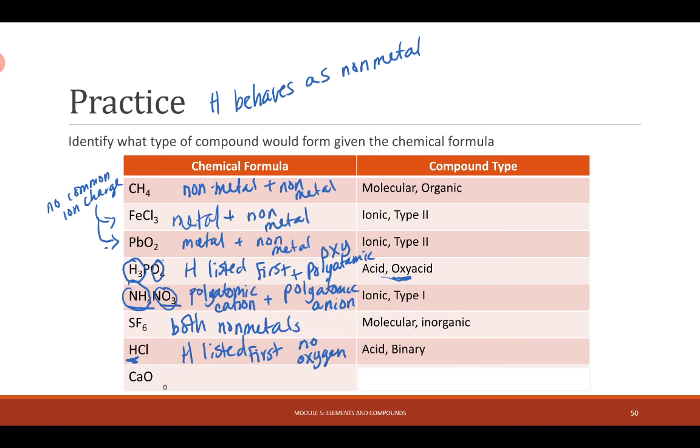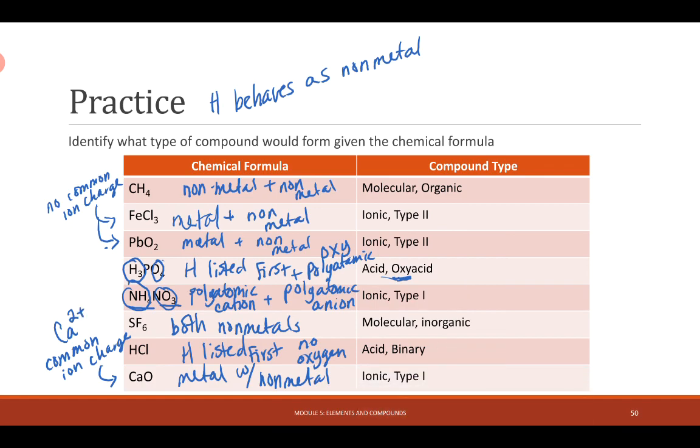Lastly, we have a metal with a nonmetal. So a metal with a nonmetal is going to be ionic, and that's going to be a type 1 ionic compound because calcium does have a common ion charge of +2. So that is a type 1 ionic compound.